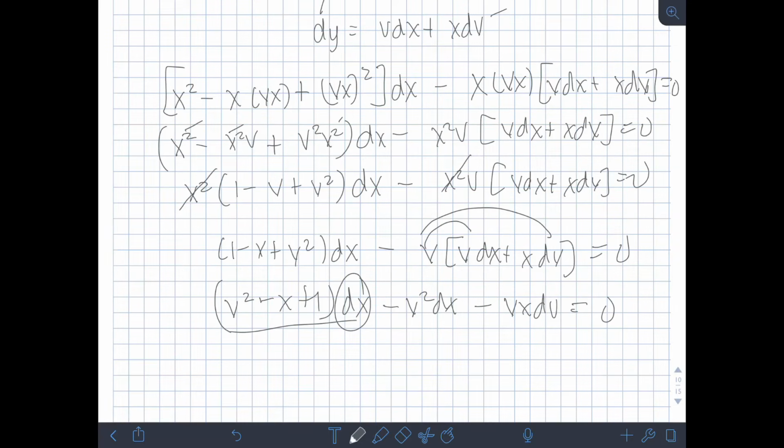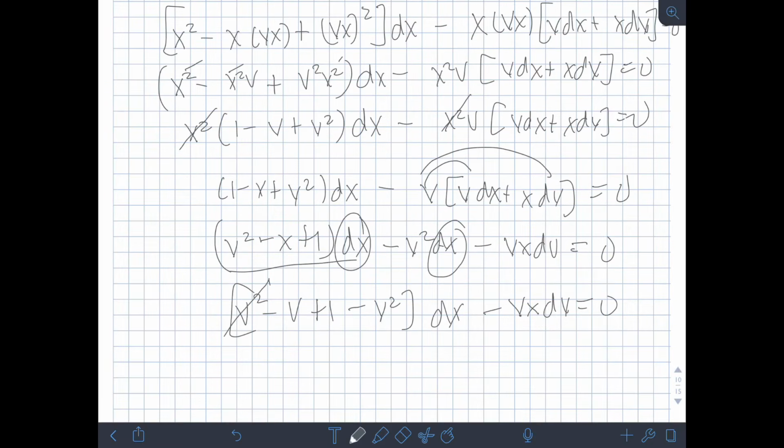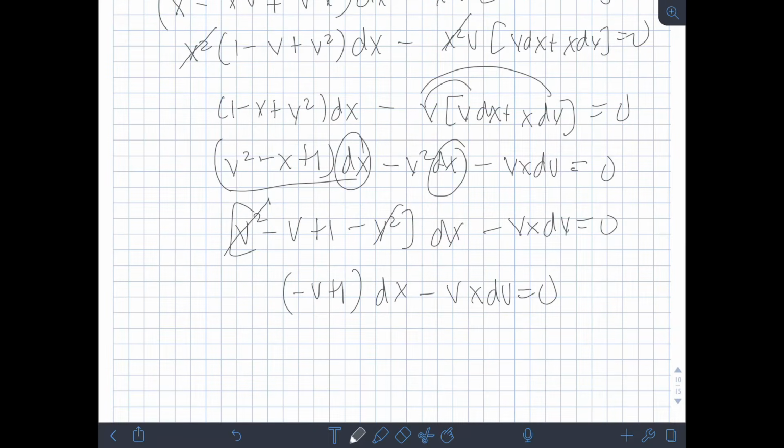Tapos pagsamahin natin yung may dx, magiging v squared minus v plus 1 minus v squared dx. So, finactor out ko tong dx minus vx dv equals 0. So, cancel si v squared. Magiging negative v plus 1 times dx minus vx dv equals 0. So, pwede nating i-cross multiply pababa yung x tapos cross multiply pababa tong negative v plus 1.